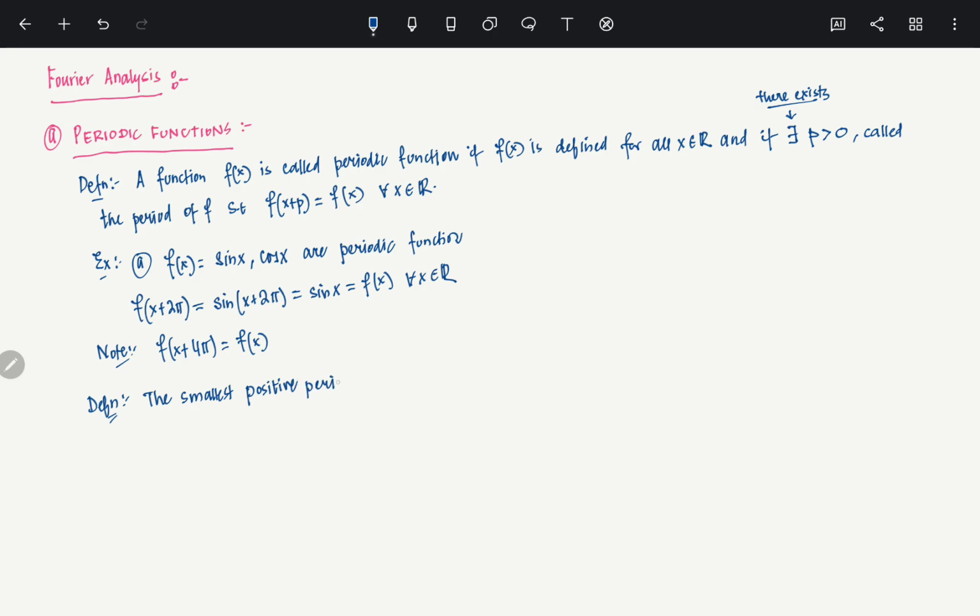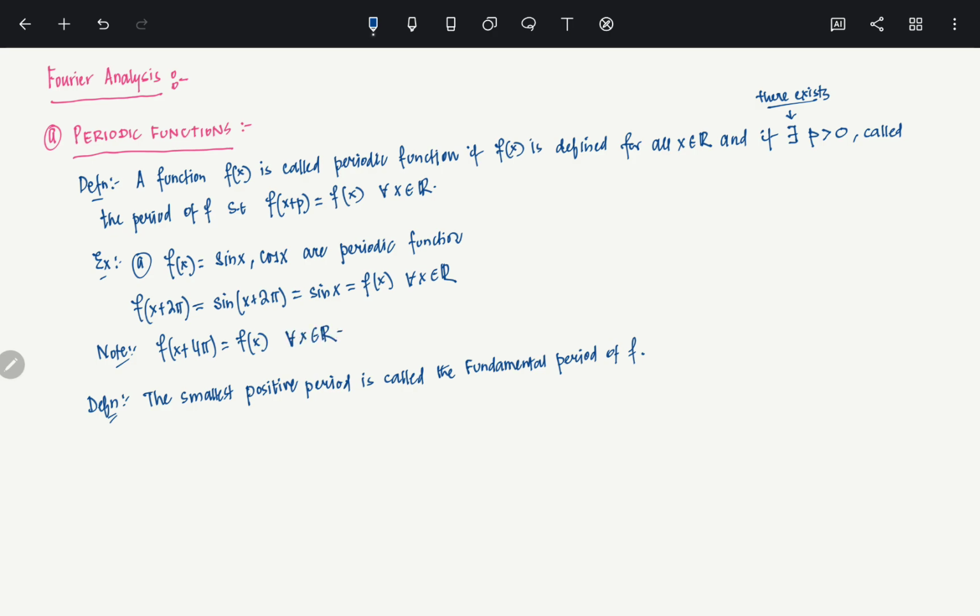We'll call it the fundamental period, and in all future references, whenever we talk about a period, we will be talking about the fundamental period of the function f. I hope this is clear. This holds for all x in R.